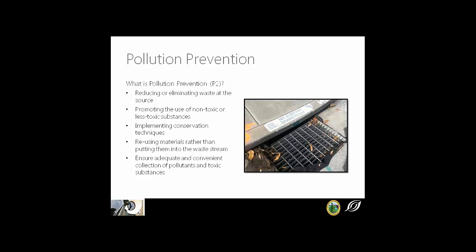In California, it's estimated that only about 10% of HHW, which is household hazardous waste, most of that falls under the pollution prevention auspices, is actually properly disposed. The rest of it either ends up in the landfills or in the storm drains. So it's really important that programs are convenient and easy to access for residents so that they're able to participate in them.